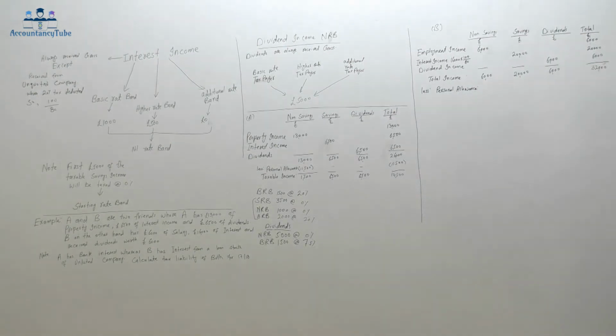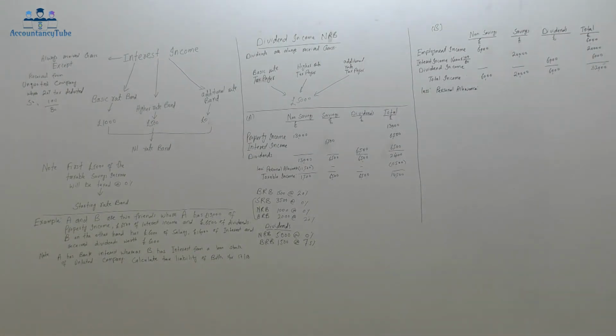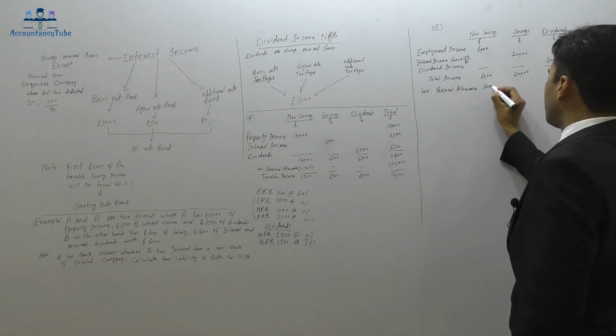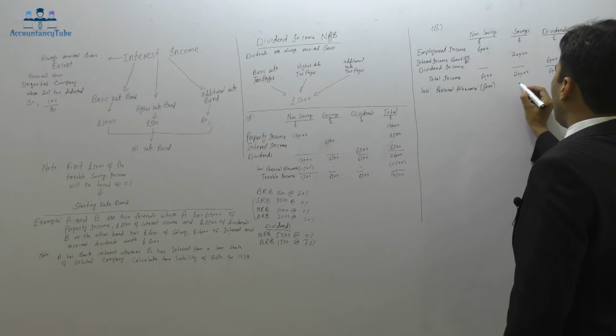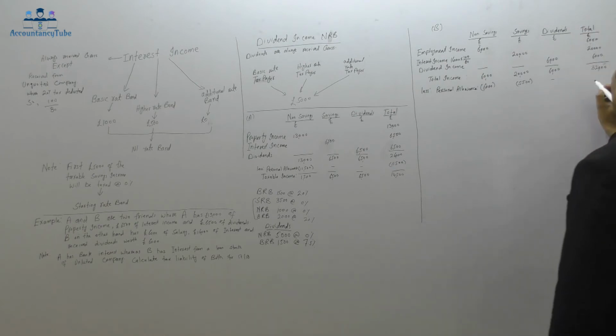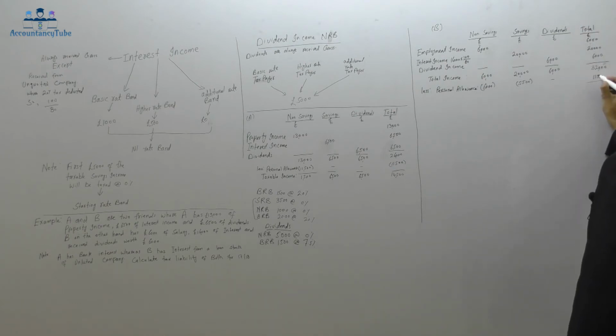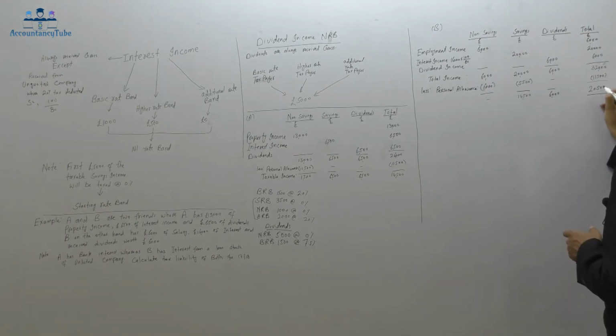Because the non-savings income in this case is only £6,000, we can only deduct £6,000 of personal allowance from non-savings income and the remaining £5,500 from the savings income. We can't deduct anything from the dividends. So £11,500 in total we have to deduct.